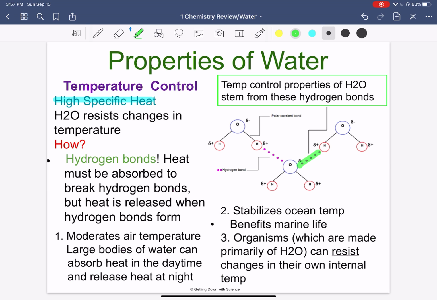Well, remember those hydrogen bonds that we keep talking about? Those actually have the ability to absorb energy. If you put more energy into water, these water molecules sort of start wiggling around. The reason they wiggle around more is because as you add this energy into these hydrogen bonds, they get a little bit farther apart from each other.